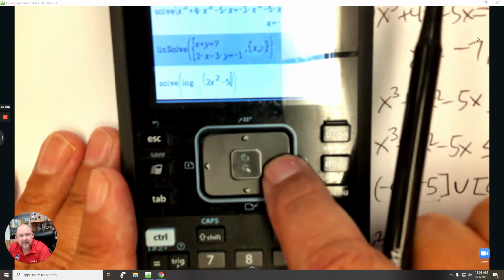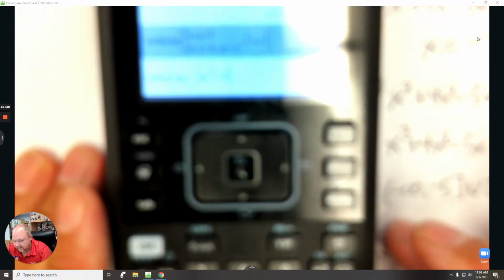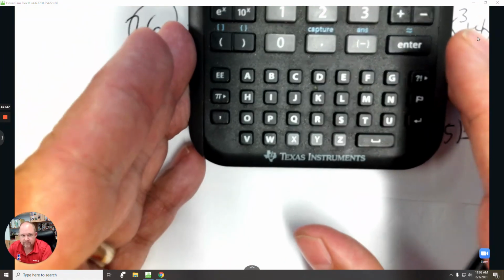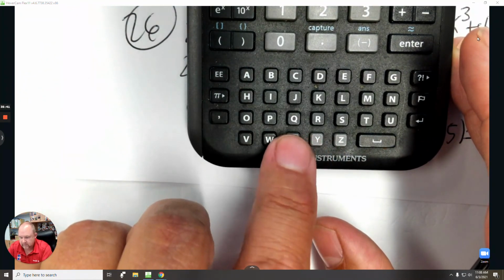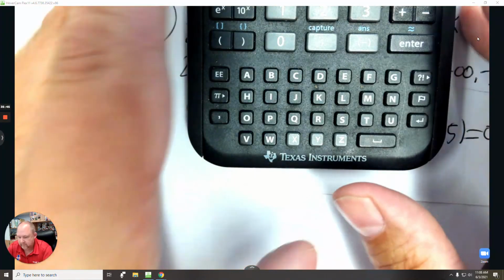I need to go comma X. So remember the comma button is down here. So we need to go comma and then X. And then go Control Enter.